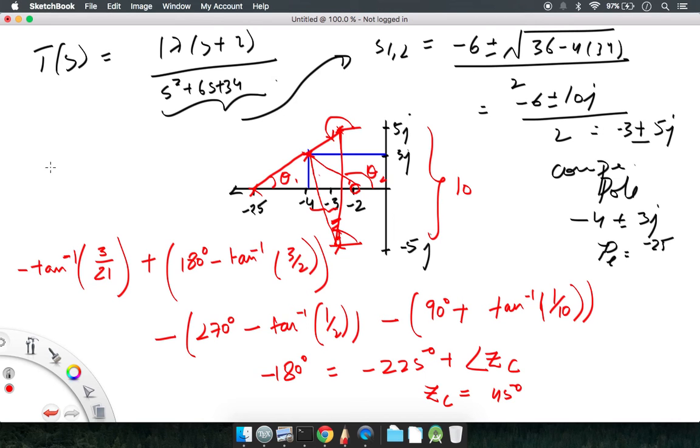Don't ask me any questions as to how I did it, but it's fairly easy. All you have to do now in the next equation is simply write down the imaginary part of your dominant pole, which is 3. I'm going to do this in blue. 3 divided by the real part of your pole, which is minus 4.